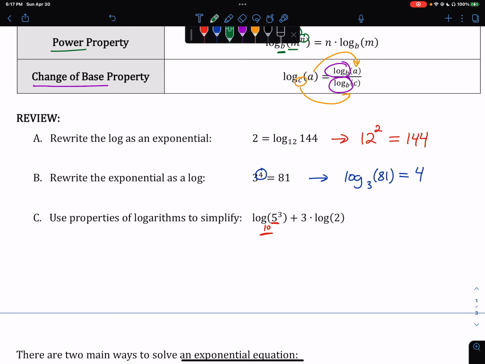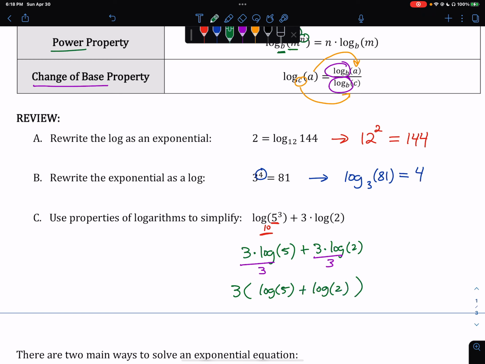So what we're going to get here is 3 times the log of 5 plus 3 times the log of 2. Now the other thing I can notice is they both have a times 3 at the beginning. So I'm going to use the GCF and factor that out. So we get 3 times the log of 5 plus the log of 2. Again, that 3 just gets pulled out to the front because that's the GCF.